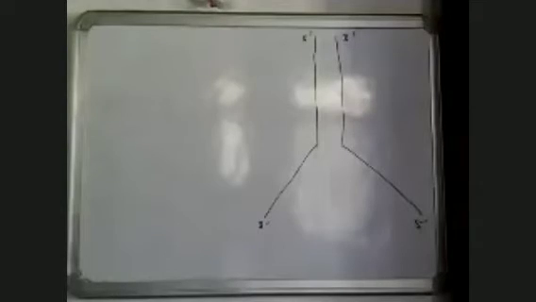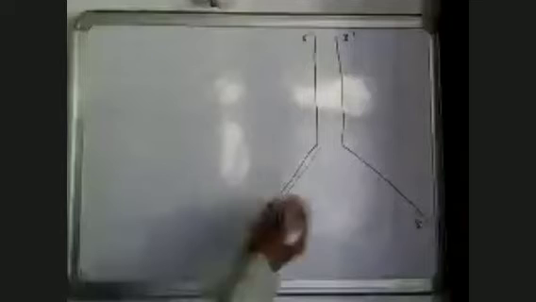First the primer is formed, and then the new strand is formed by DNA polymerase, and it is continuous. But the other new strand is formed in segments like this, and these are known as Okazaki fragments.